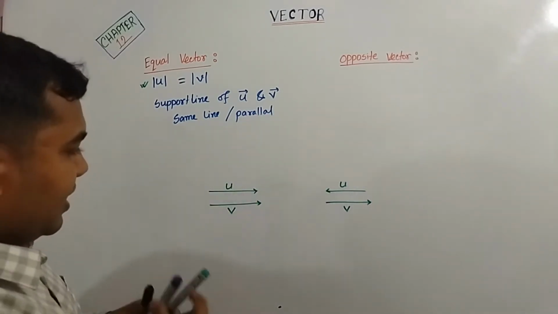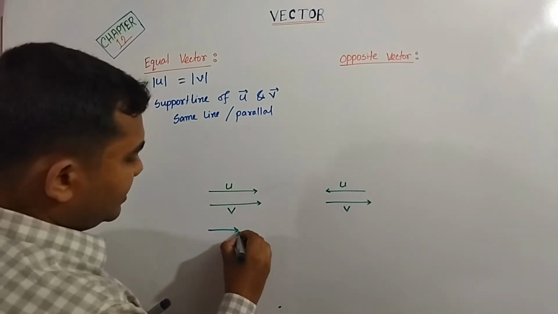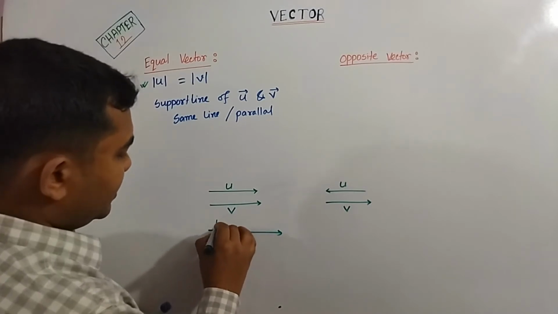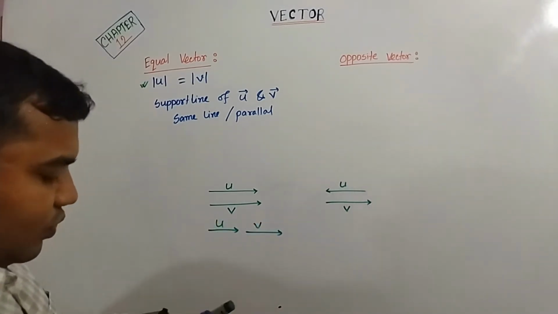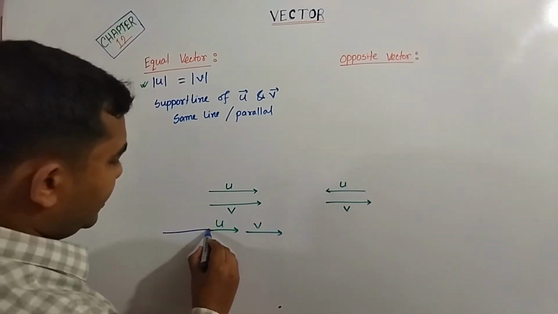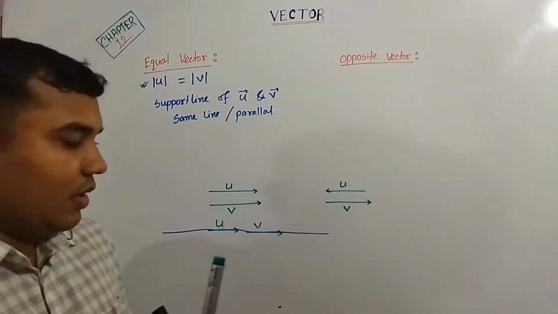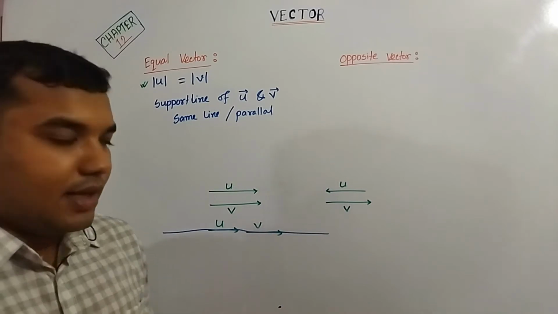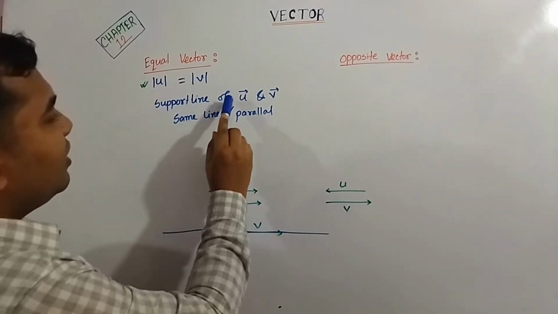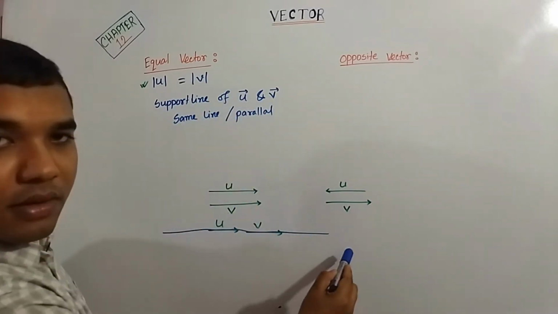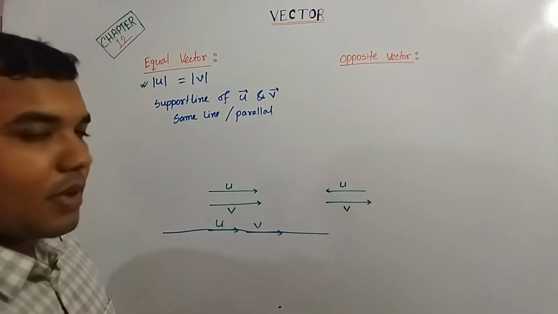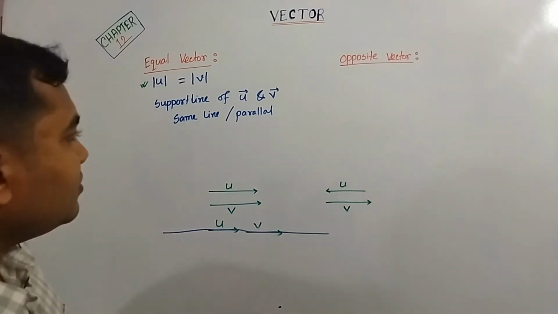So it can be like this, that these two vectors are on one unending straight line, that is, the support lines of u and v are the same line, or they can be parallel.